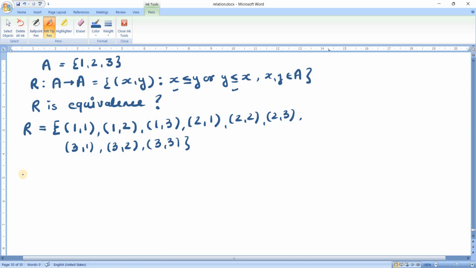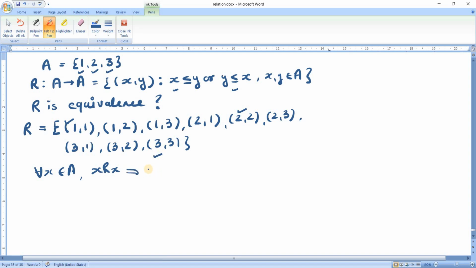Now let us see whether this R is reflexive or not. For R to be reflexive, we need that for all x belonging to set A, x R x must be true. The first element is 1, so we have (1, 1) in the relation. The second element is 2, and we have (2, 2) in the relation. And the third element is 3, for which we have (3, 3) in the relation.